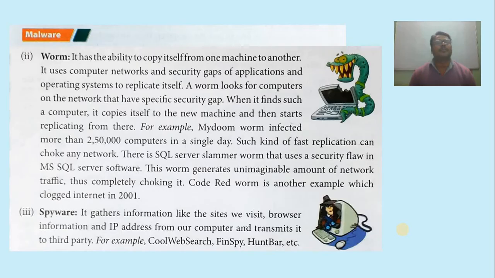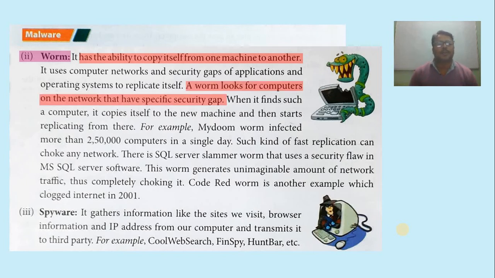Next we move to the worm. What is a worm? It has the ability to copy itself from one machine to another. A worm looks for computers on a network that have a specific security gap. When a security gap is there, the worm will infect it. The MyDoom worm infected more than 250,000 computers in a single day.